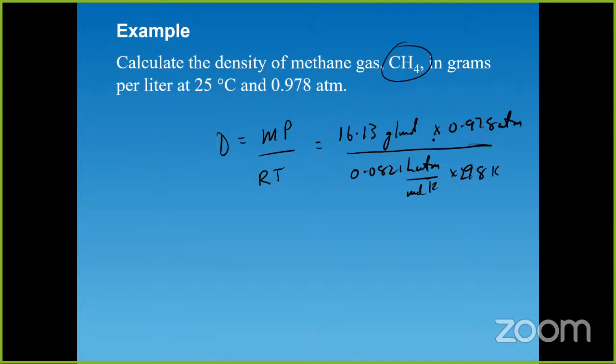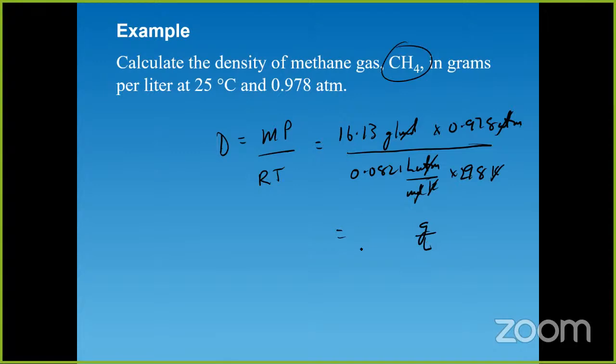Then we do the appropriate unit cancellation. Atmospheres will go, moles will go, Kelvin will go, and we're left with grams per liter as the final unit. So 16.13 times 0.978 divided by 0.0821 divided by 298.